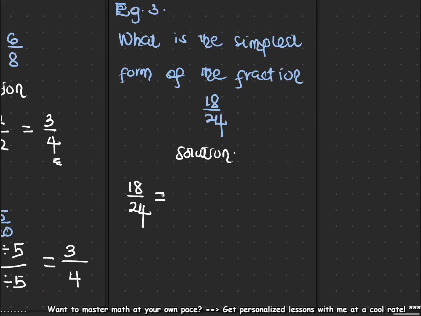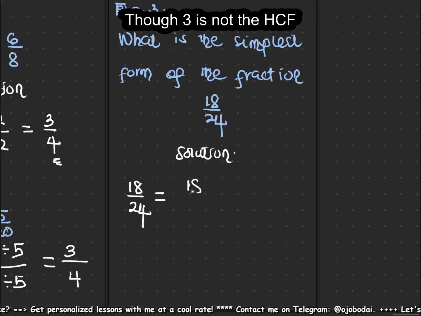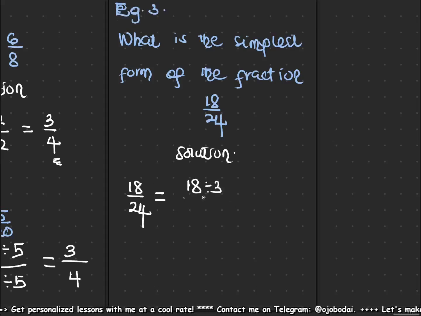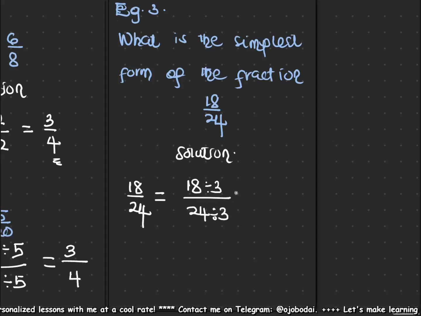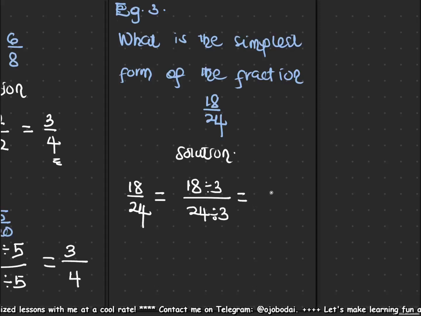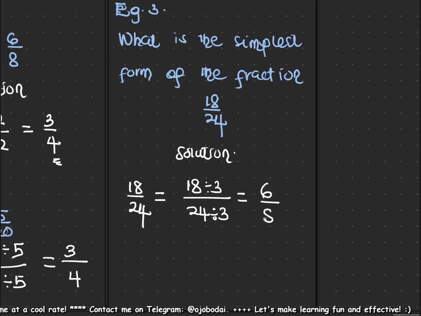There are so many of them, and there are ways you can do this, especially if you don't know your highest common factor. So we can divide both by 3. 18 divided by 3 gives us 6, and 24 divided by 3 gives us 8.